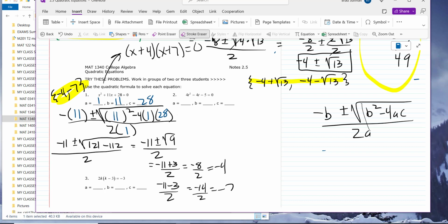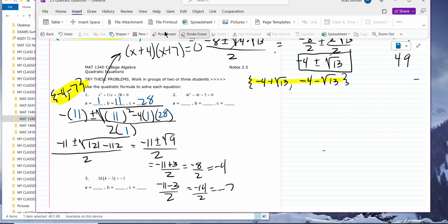Okay, the next one, there were a little bit more issues that I saw. That's because of the way the square root was. So what'll happen on this one, get this thing set here. Okay, on this one, we'll set this up like this. You've got one side that's already equal to 0, so a is 4, b is negative 4, c is negative 5.